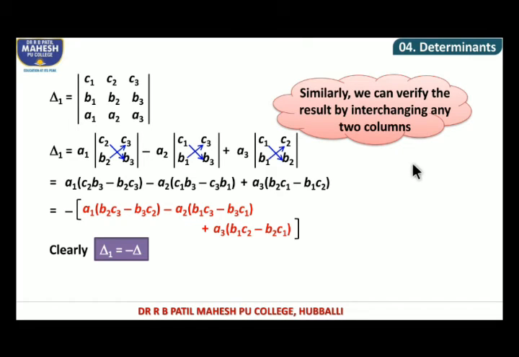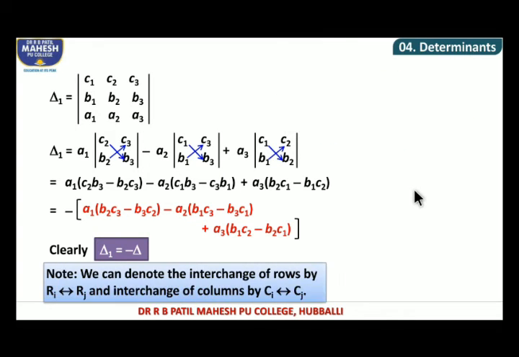Not only rows, we can interchange any two columns, and the results will be the same. Note that we denote the interchange of rows by Ri interchange with Rj, and the interchange of columns by Ci interchange with Cj, with a double arrow mark. These are the notations we are going to use in the problems.